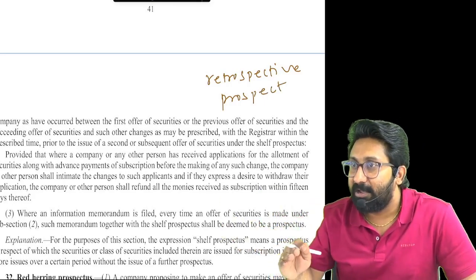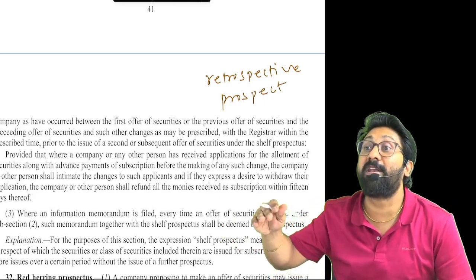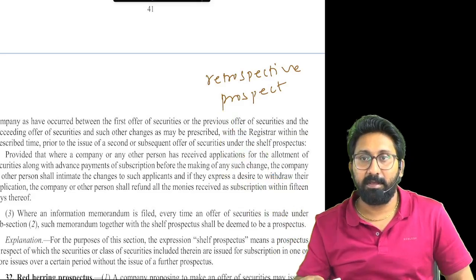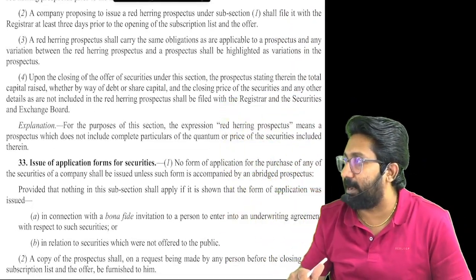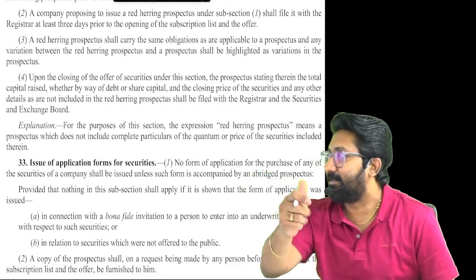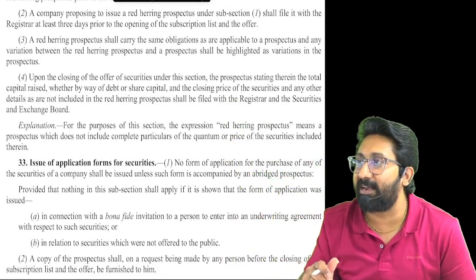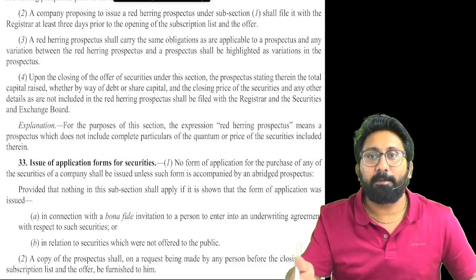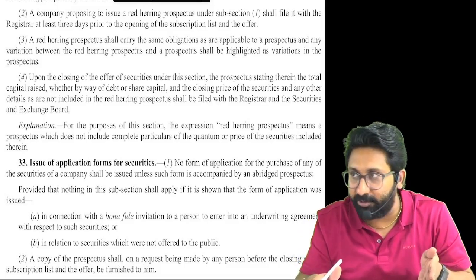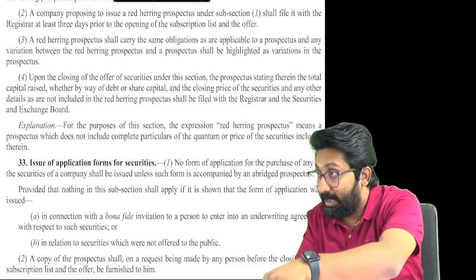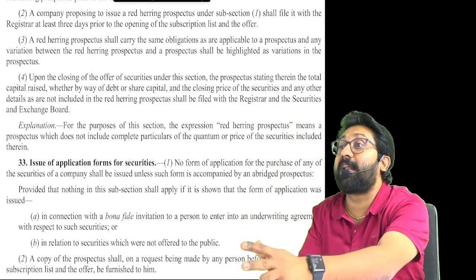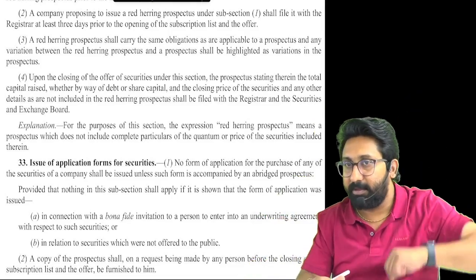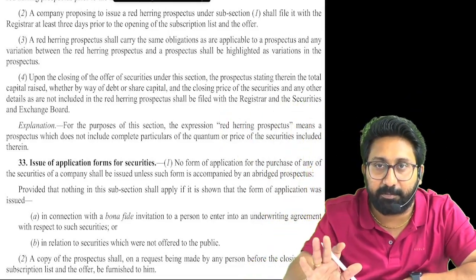Prospectus means we are issuing shares to persons who are not our members. Therefore, if the issue of shares is made to the existing members of the company, it will become retrospectus. What chapter are we reading? Prospectus. That's why prospectus does not apply if you are issuing to the existing members or issuing shares which belong to the same class of shares already issued. This meaning we will see in the share capital chapter.